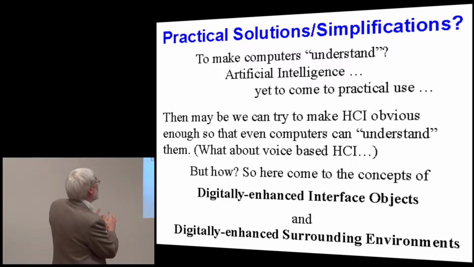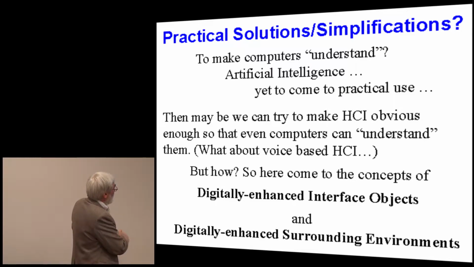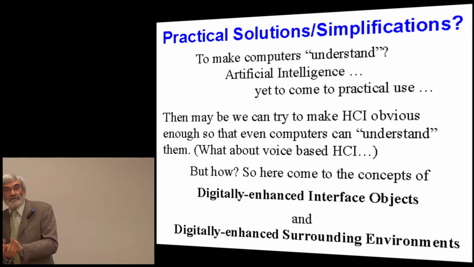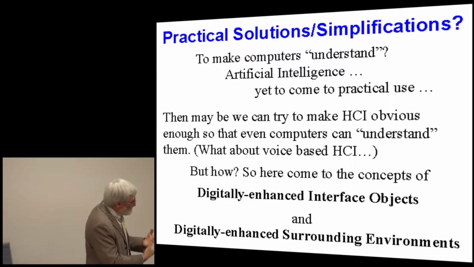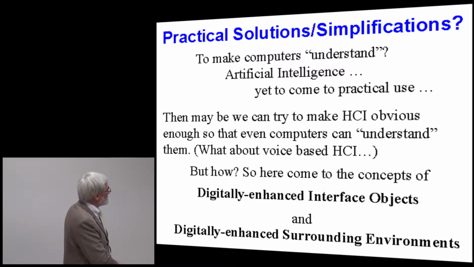So instead of trying to solve the fundamental problems, which seems to be extremely difficult, is it possible to help computers to do something so that computers don't have to solve difficult problems or count on some high intelligence?